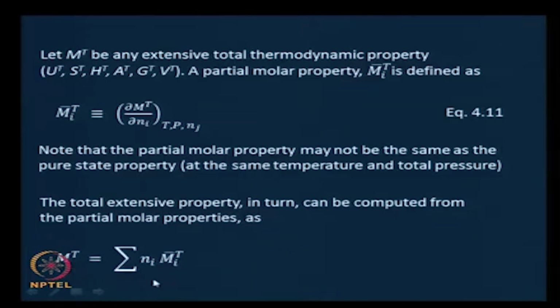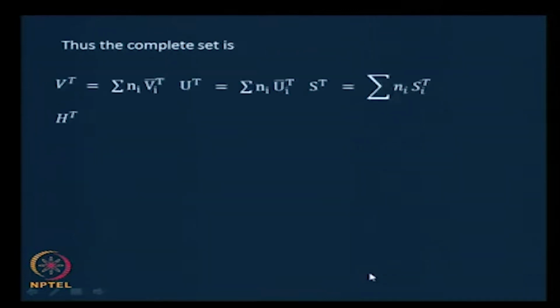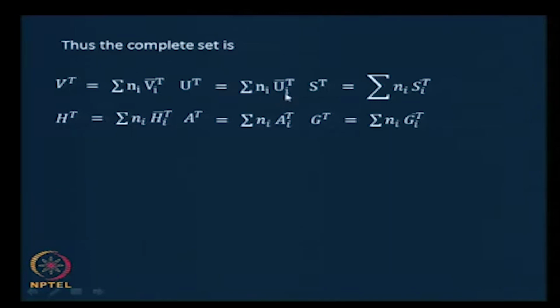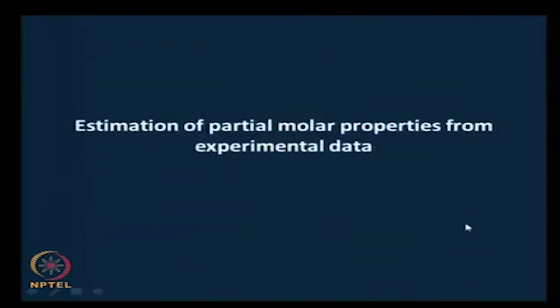This is the reason why we bring about partial molar properties: the total property is nothing but the weighted sum of the partial molar properties, weighted with the number of moles. And we had the complete set of partial molar properties here: total volume in terms of the partial molar volume, total internal energy in terms of the partial molar internal energy, and so on, till total Gibbs free energy in terms of the partial molar Gibbs free energy.